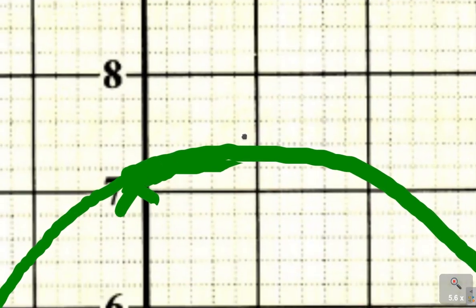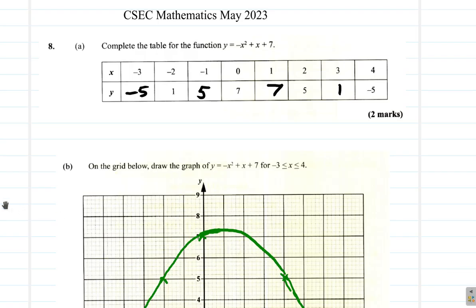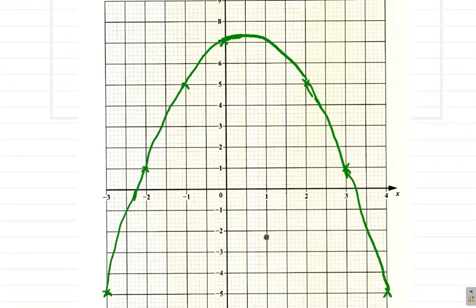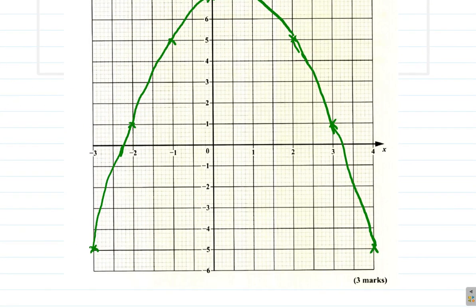Between 7 and 8, 1, 2, 3, 4, 5, that's 5 divisions. 1 unit difference is divided into 5 divisions, so each of these divisions is 0.2. 1 divided by 5 is 0.2, so 7.2, 7.4. It looks like about 7.4. Alright? So it would be y equals 7.4 at that point.